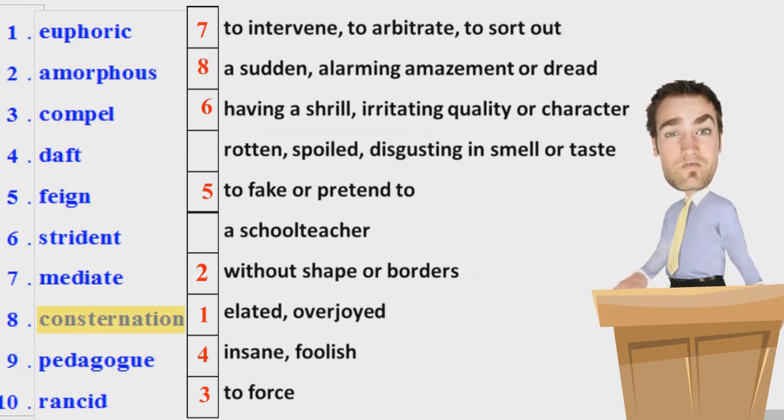If you throw down the rules, it's very, very strict. Maybe some of you have had parents who have thrown down the law to you, and that means that you probably are feeling a sense of consternation. It should be related to the second one down on the list, a sudden, alarming amazement or dread. If you dread something, you might have consternation.